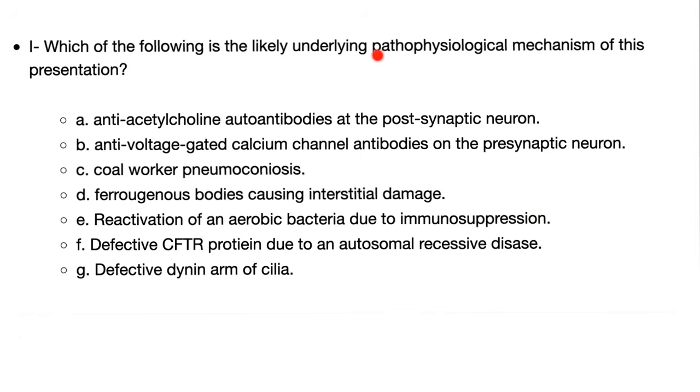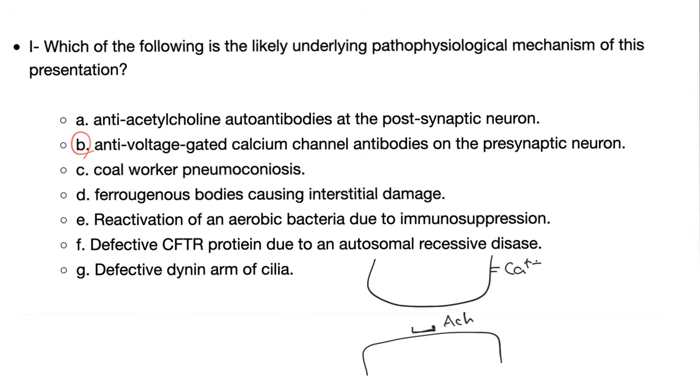First question, which of the following is the likely underlying pathophysiological mechanism of this presentation? Please pause. And the answer is B, anti-voltage gated calcium channel antibodies on the presynaptic neurons. So here is the presynaptic neuron, and here is the postsynaptic. Okay, here we have calcium channels, and here we have acetylcholine receptors for the acetylcholine to bind.